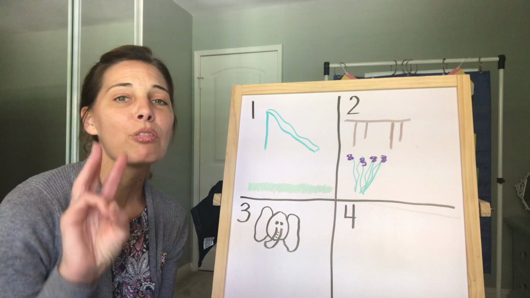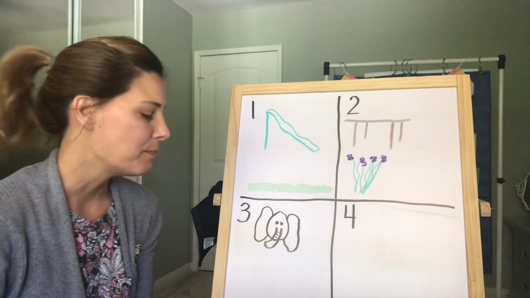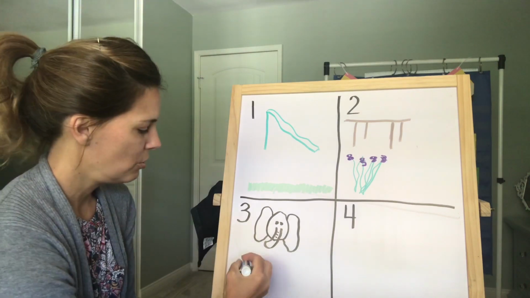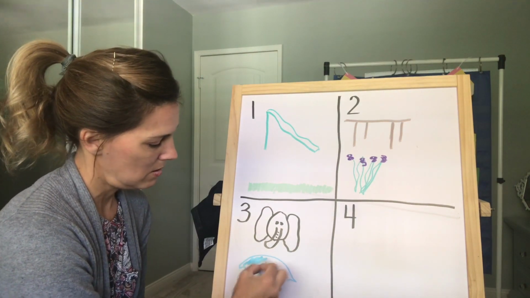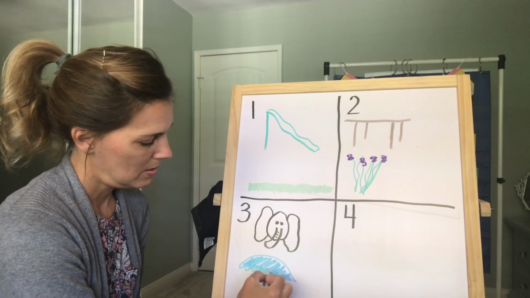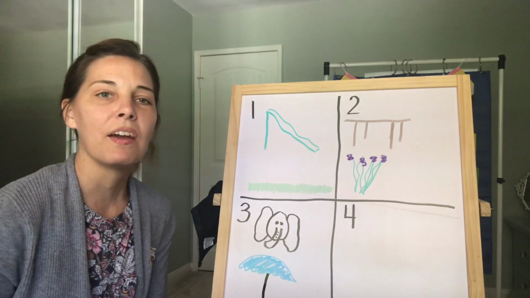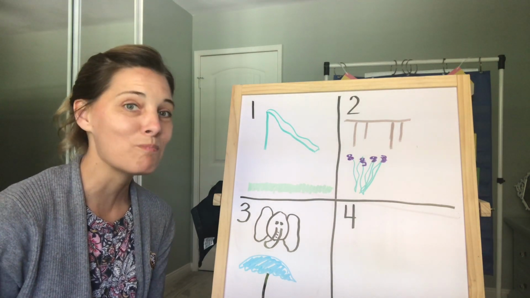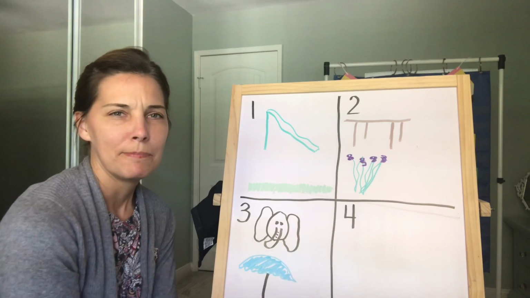Good. There are 3 syllables in the word umbrella. There's my blue umbrella.